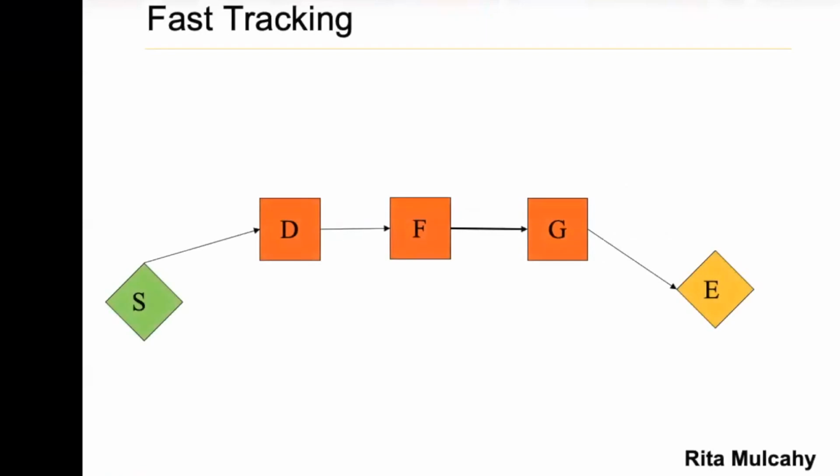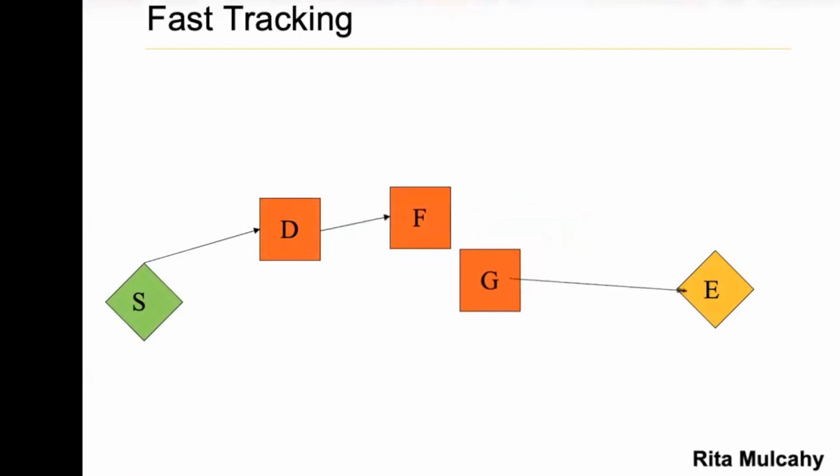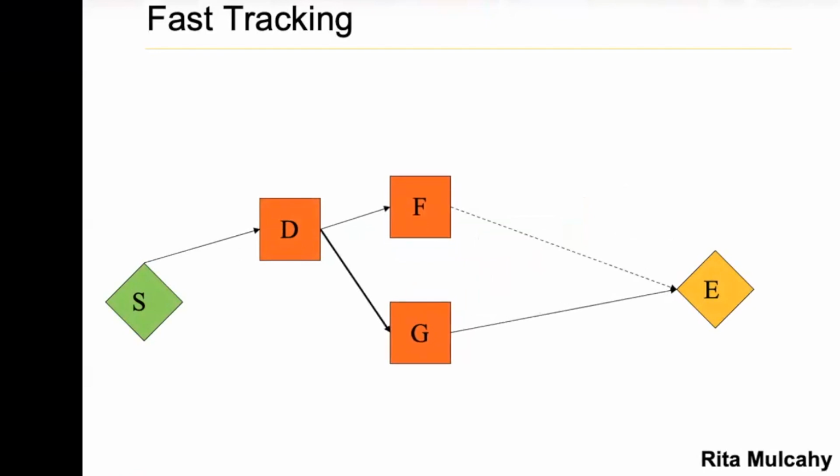So for example, two things. One is crashing. One is fast tracking. In the schedule compression umbrella, there are two things: fast tracking and crashing. Fast tracking is basically if you have D, F, G like this, you move to this. What we do now is F and G in parallel, hoping that we complete the work earlier.